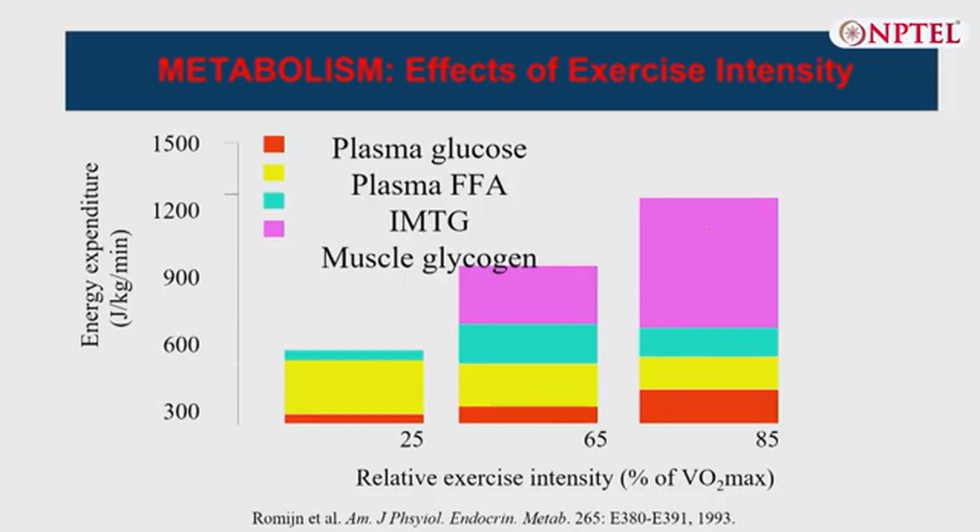What I try to tell you again is that when the intensity is low, fat is the preferred fuel, and when you are doing higher intensity within the aerobic limit, then liver and muscle glycogen is the better fuel for giving you energy.